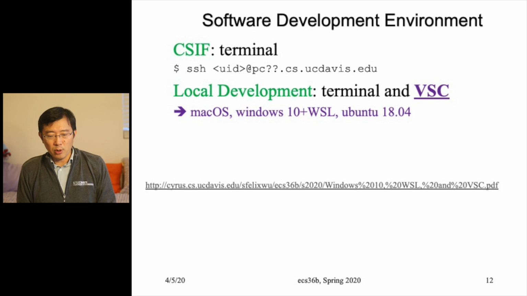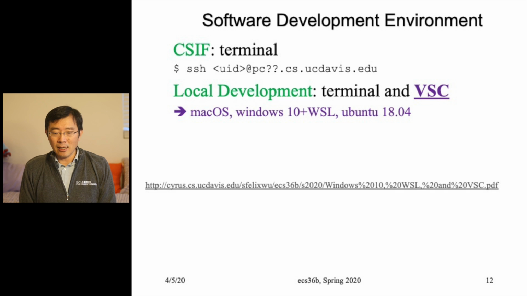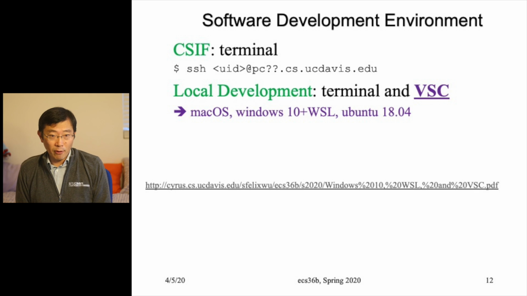But the difference between using local development and CSIF is that currently CSIF does not support, to the best of my knowledge, an industrial IDE such as Visual Studio Code, which is the most popular platform according to the commercial survey.